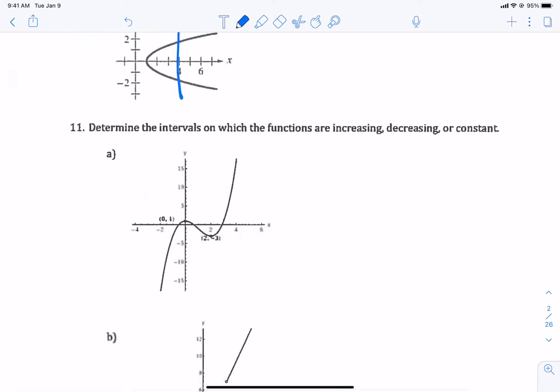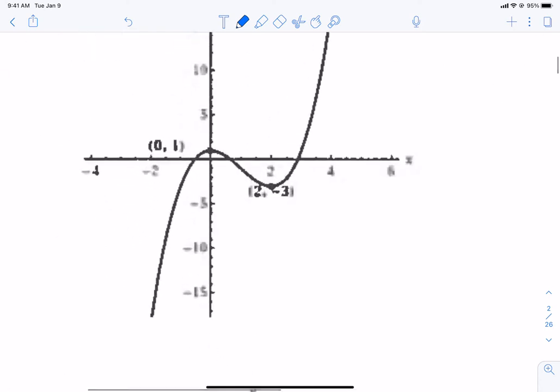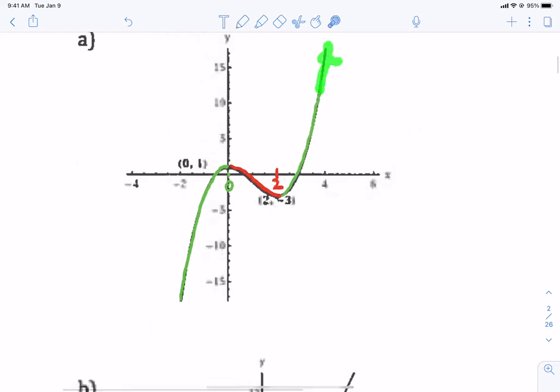Increasing, decreasing, constant. Let's just go through this real fast. My function is going uphill until an x value of 0. My function is going downhill till an x value of 2. My function is going uphill for the rest of its life. Now let's assume those are arrows there.